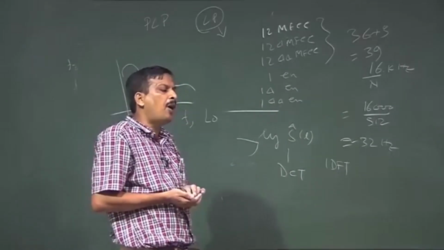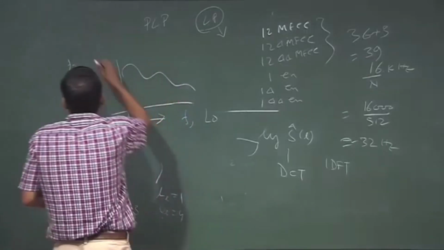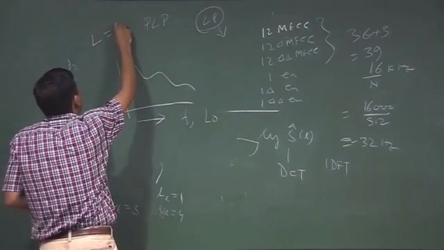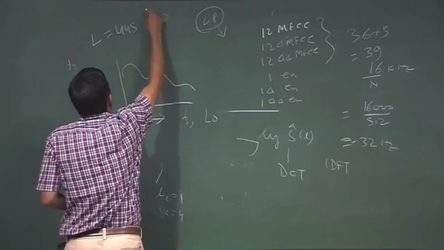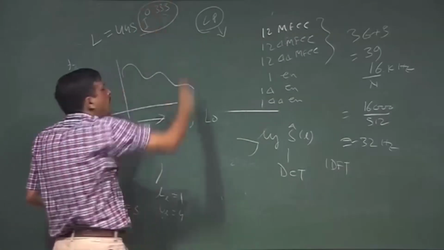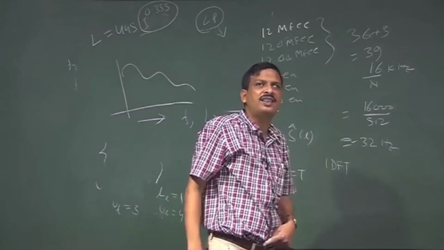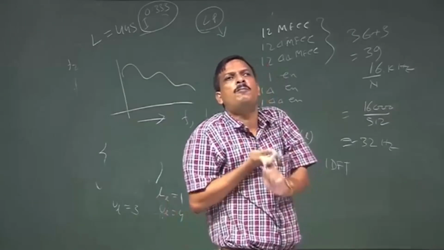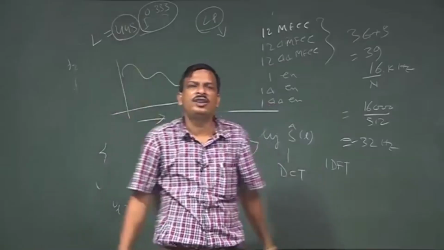Then apply the power law of hearing. What is the power law? If you remember the relation between the loudness and intensity, I think it is 445 into I to the power 0.333. So, what is that? It is the cube root of intensity. So, the intensity and loudness relationship is the cube root of intensity. This is a constant.